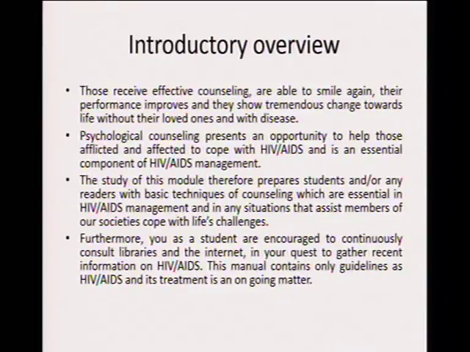Furthermore, you as an HIV student are encouraged to continuously consult libraries and the internet in your quest to gather recent information on HIV/AIDS. This manual contains only guidelines as HIV and AIDS and treatment is an ongoing matter.